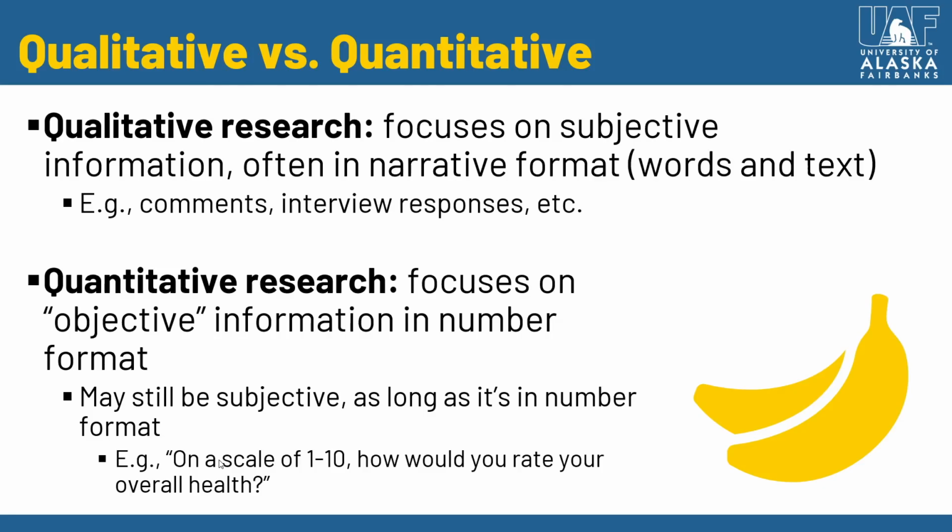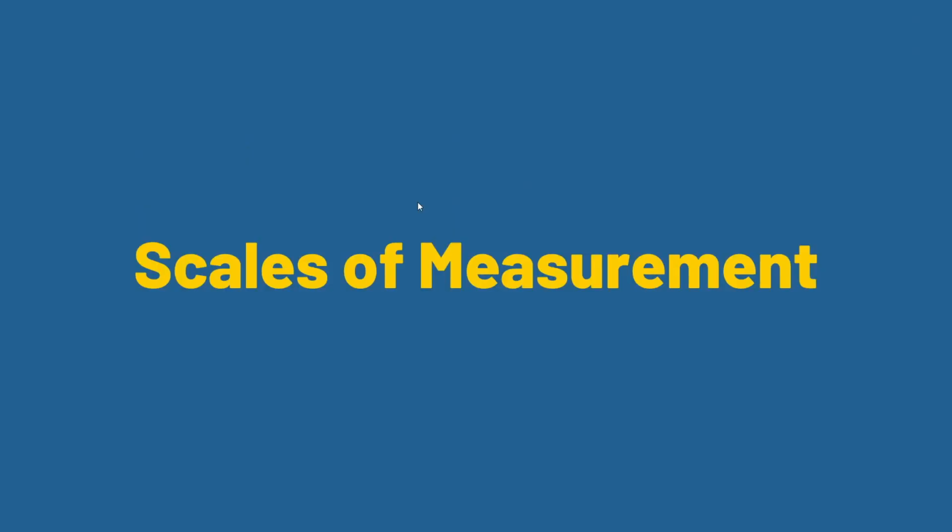So now we can do some different analyses that are more number-based. When we talk about statistics in this class, typically we're talking about quantitative research, but qualitative is still a very important part of social science and something that I wanted to mention here too. I think it's helpful to get that distinction down early because you'll probably hear about it in a variety of classes that you take.